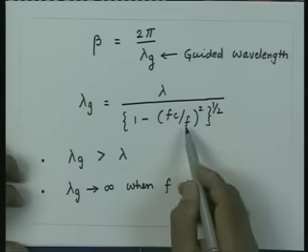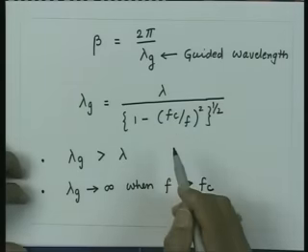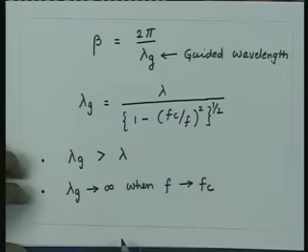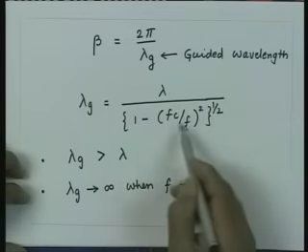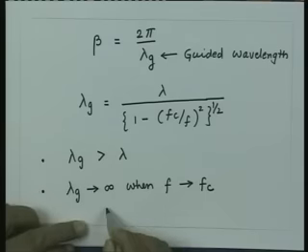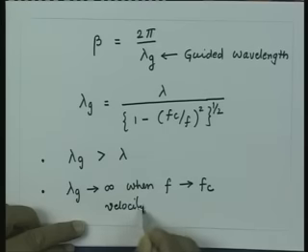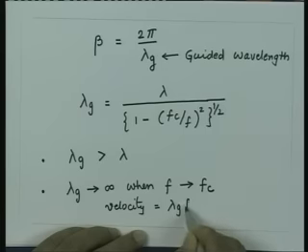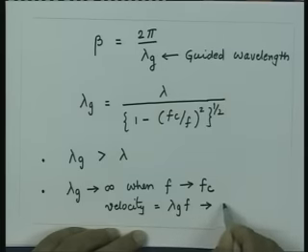So, when frequency is much larger compared to fc, the velocity approaches the intrinsic velocity c, and when frequency is approaching the cutoff frequency, the velocity tends to infinity. Since in this case lambda g tends to infinity, the velocity of the wave, which is lambda g into frequency, would also tend to infinity.